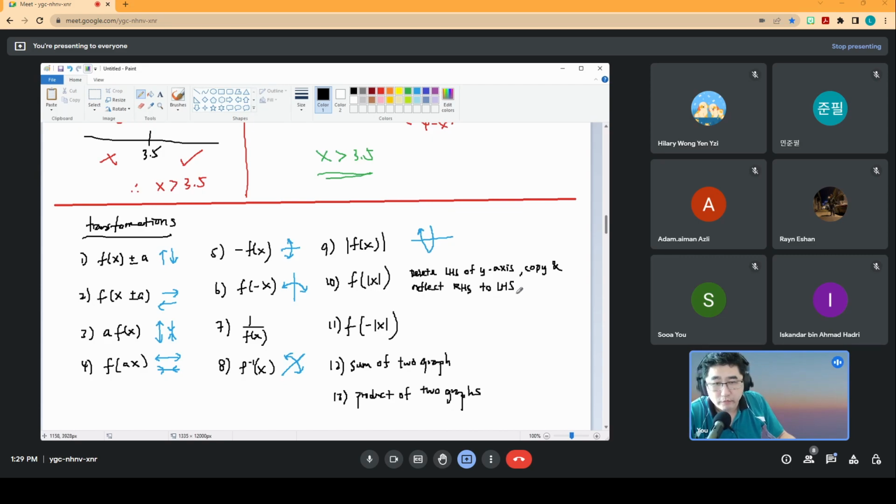Number eleven, delete the right hand side of the y-axis, copy and reflect the left hand side to the right hand side.